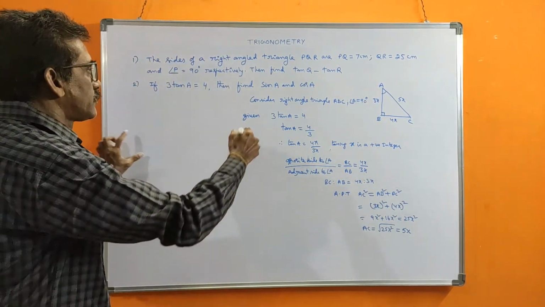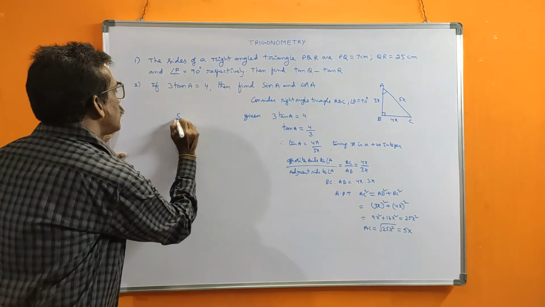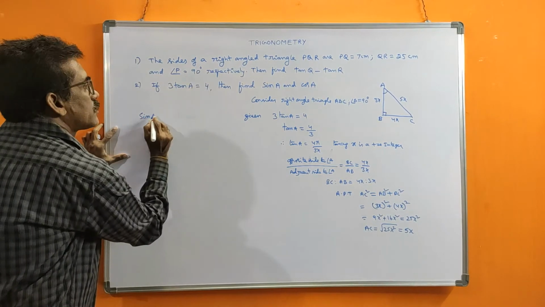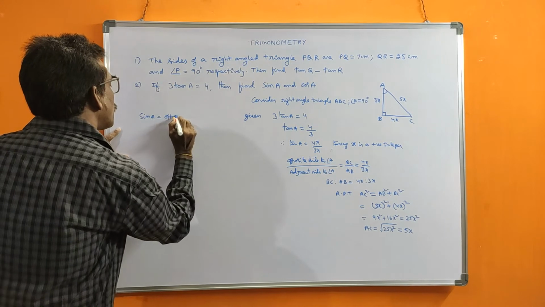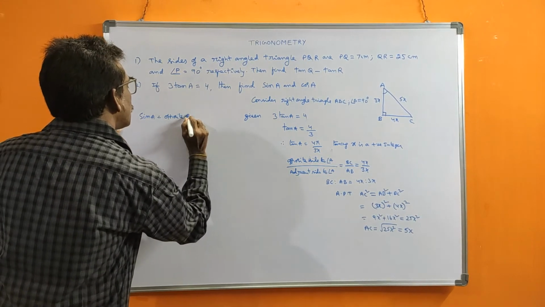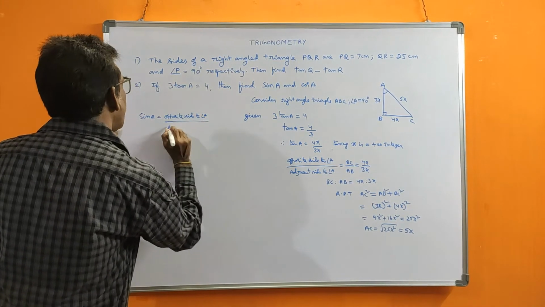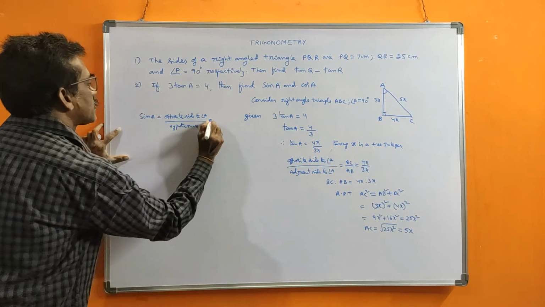Now by using these ratios we can find what he asked: sin A and cos A. First, sin A. Sin A is the opposite side to angle A by the hypotenuse. This is the sine formula.